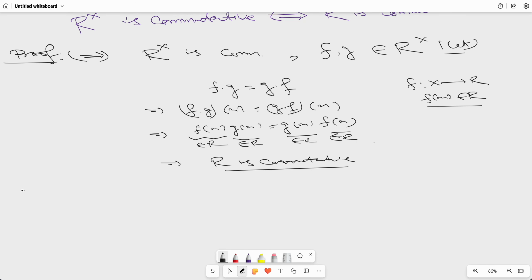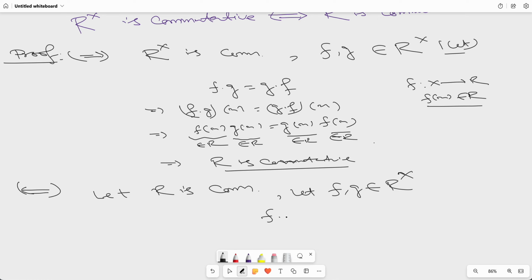The proof is very easy. Now you consider the reverse part. Suppose R is commutative. I guess a similar proof works here. Let R be commutative, and let f, g be two arbitrary functions in Rx.